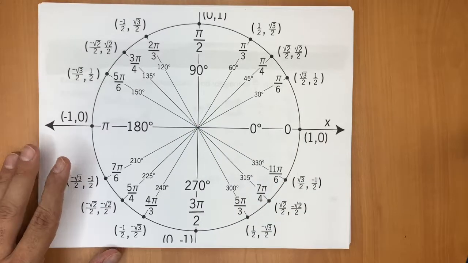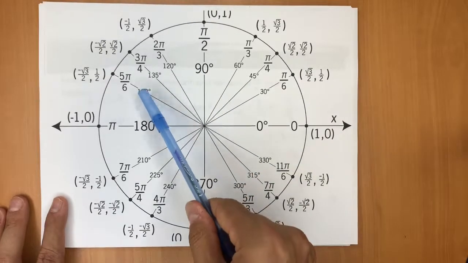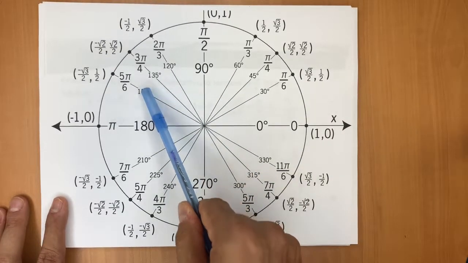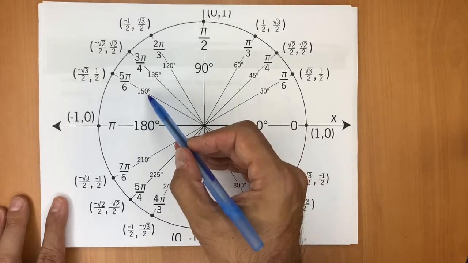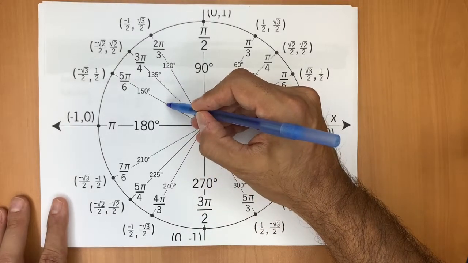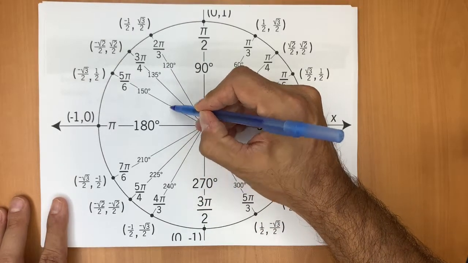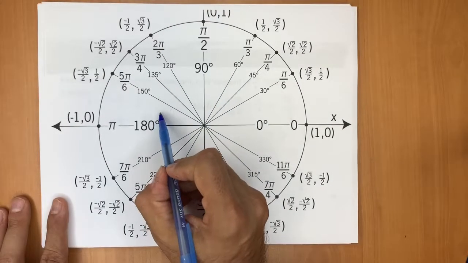For this problem, you're given 150 degrees, and in the second quadrant the reference angle is 180 degrees minus 150 degrees, so it's 30 degrees. It's the angle that the terminal side makes with the x-axis.